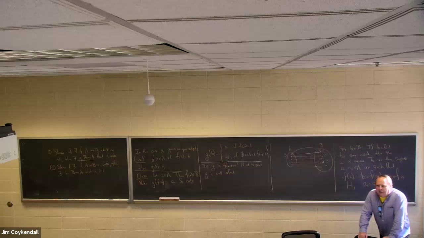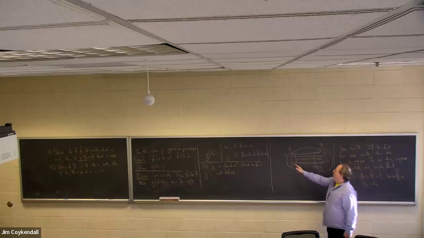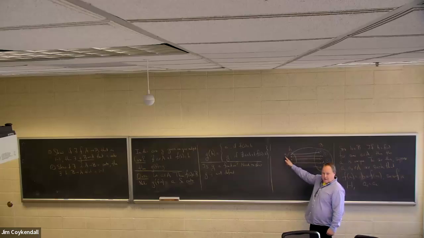Do we use choice here? Well, we didn't make a choice. Let me rephrase: did we use the axiom of choice, or did we have to use the axiom of choice? What choices did we make along the way? This was really the choice we made, right?